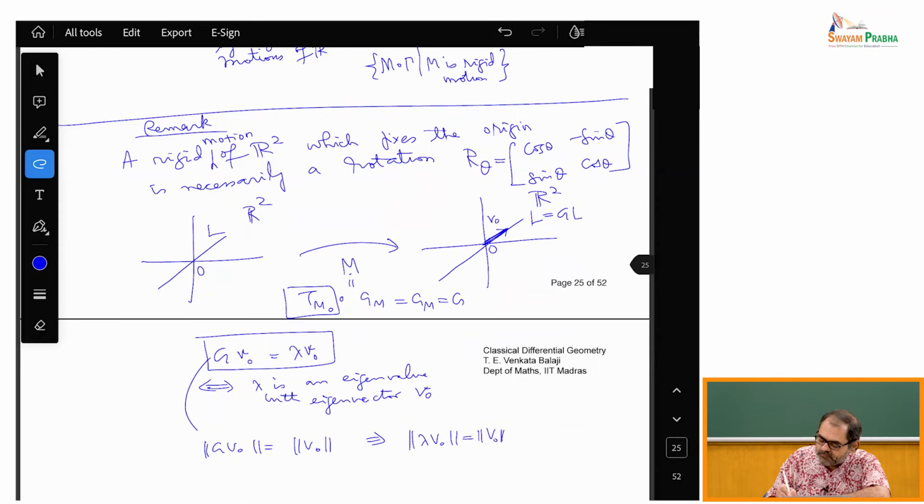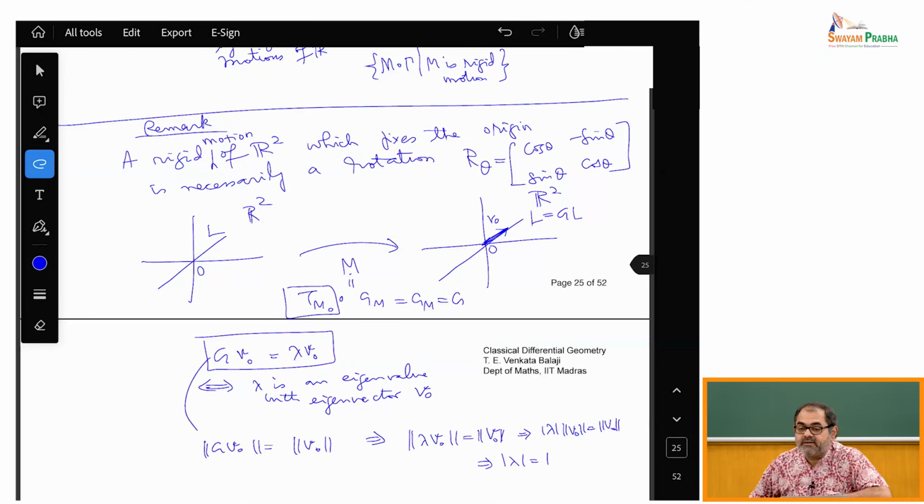But norm of lambda V naught is mod lambda times norm V naught. V naught being a non-zero vector, I can cancel it, and therefore mod lambda is 1.